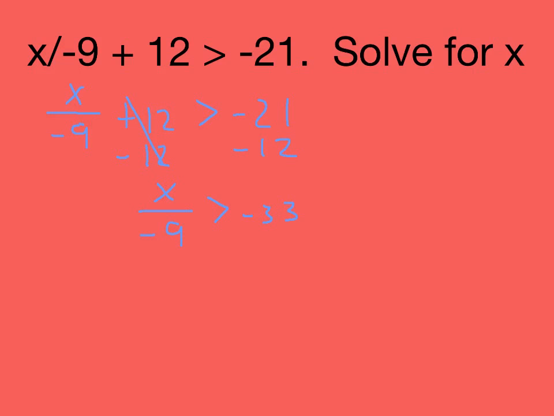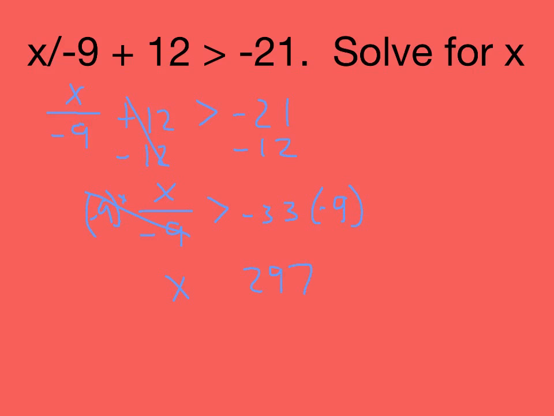Now, because this is a division, we are going to multiply by -9 on both sides. And so these will cancel. I have x over here, and 33 times 9 is 297, so x ends up being greater than 297.